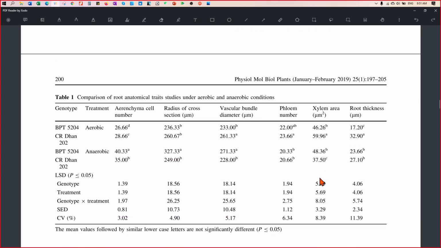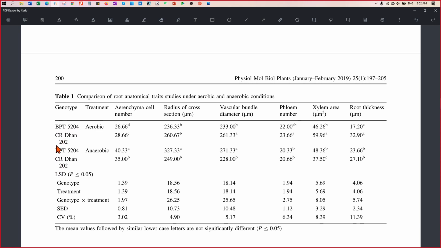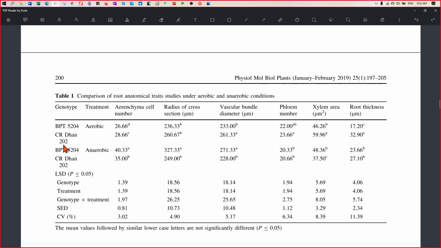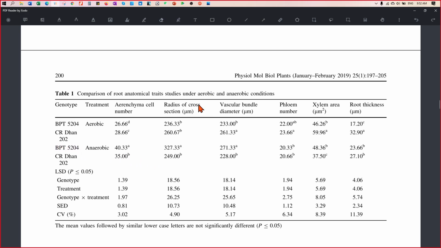Okay, so this is Table 1. All right, so look at this. Pretty much this is how you do it as well for your own study. So you have your genotype, the species that you have, BPT5204 and CRTHN. So they did the study for this too.